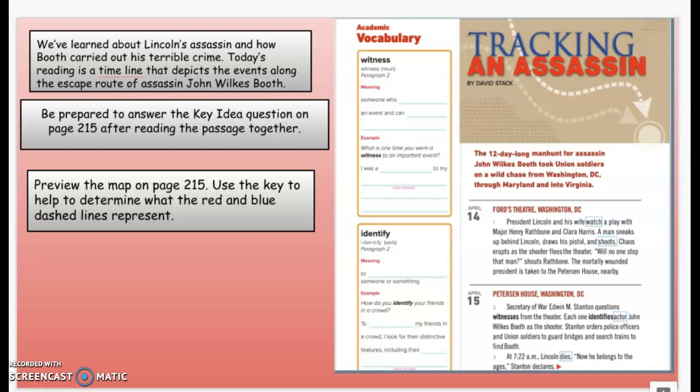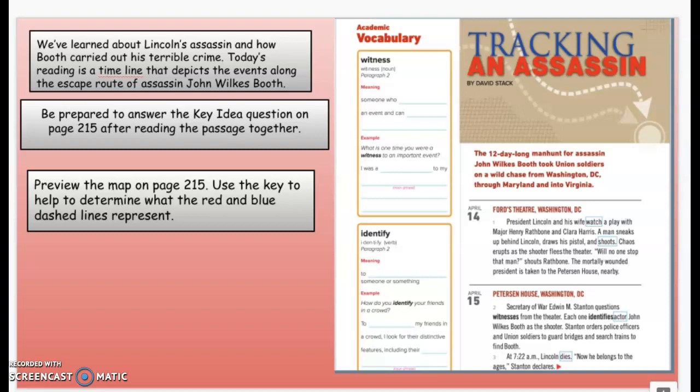Now we're going to read page 214 and then we're going to preview page 215. And I want you then at that point to be able to answer the key idea question on page 215. The question you're going to be answering is, why were Union soldiers following John Wilkes Booth's trail?